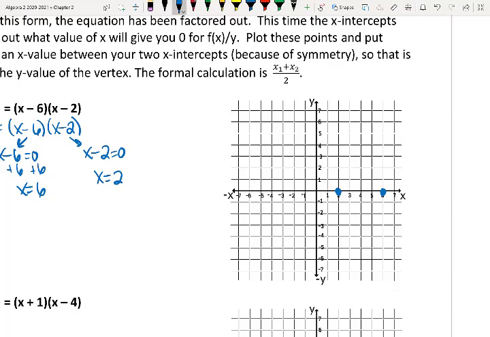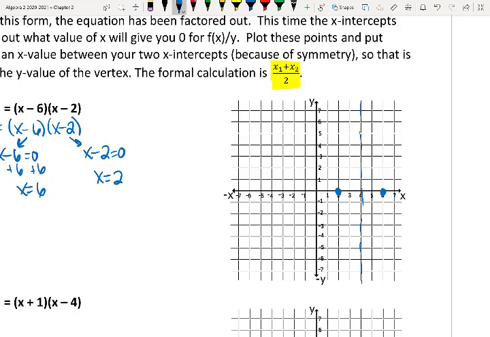You can do this a couple of different ways. You can see here I've got the formal way of how we calculate that. It's just averaging those two x values. But also you can just look at it visually. There's 4 spaces between 2 and 6, so halfway between those two is where that AOS has to happen.